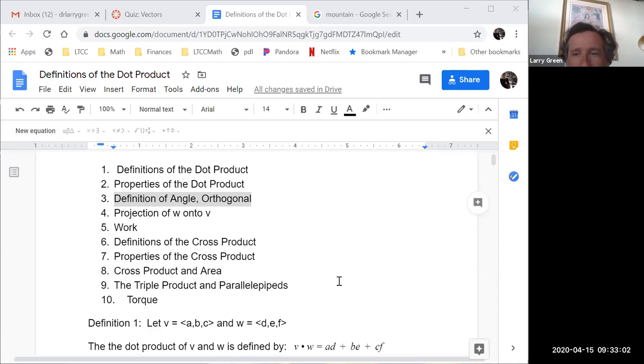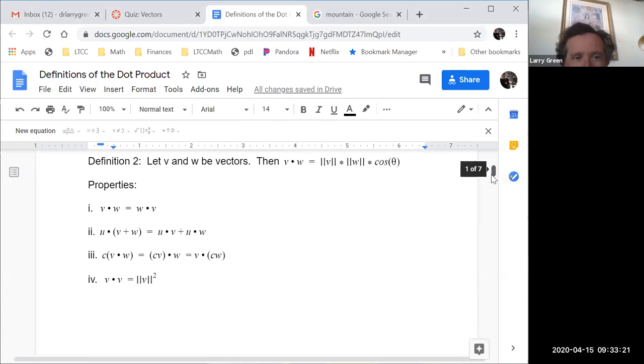So the reason why this is a tough one is that you've never really learned this. All you did is get an intuitive idea of angle, but you actually never had a true formal definition. But here's the formal definition of angle. And it's really easy if you use definition 2.